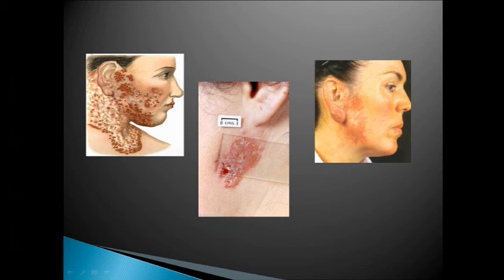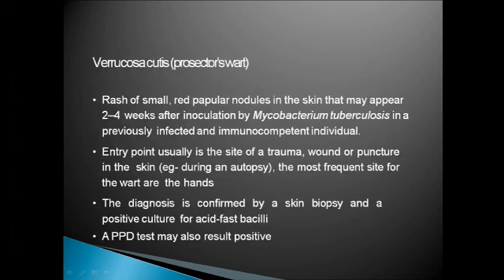Again we do diascopy. Diascopy is where we press it with a glass slide, and it will give rise to an apple jelly like nodule. So a progressive lesion, healing with scarring, painful, not responding to antibiotics, and a positive diascopy test, that is, giving apple jelly nodules on the healed part and the new part of the lesion, clinches the diagnosis of lupus vulgaris.